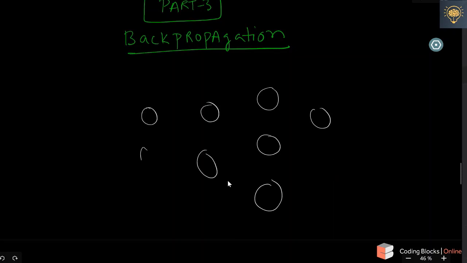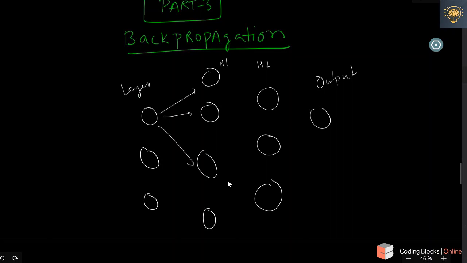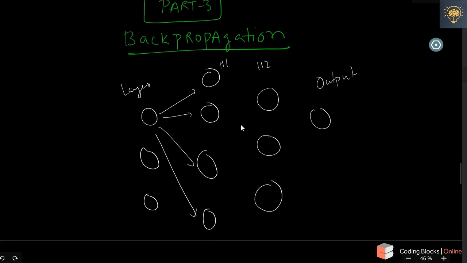You have some hidden layers h1, some hidden layers h2, and you have one output layer and one input layer, right? I'm not assuming any fixed network. What I'm assuming is you can have as many hidden layers as you want.